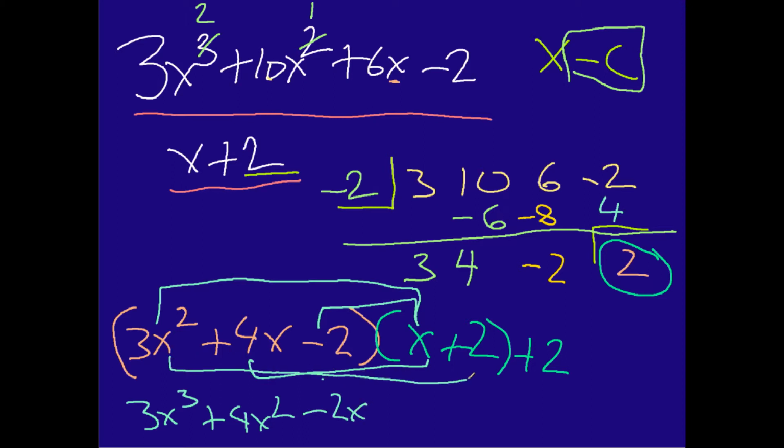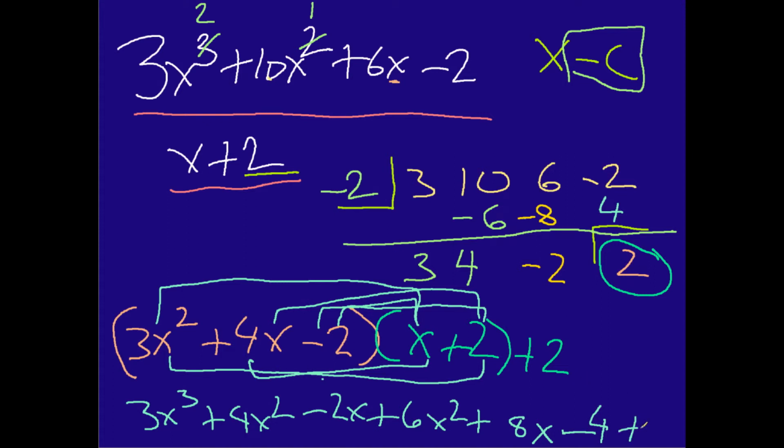Now I do 3x squared times 2. I'm going to get plus 6x squared. And then 4x times 2, I'm going to get plus 8x. And then negative 2 times 2, I'm going to get minus 4. And then, of course, I have the plus 2 right here.